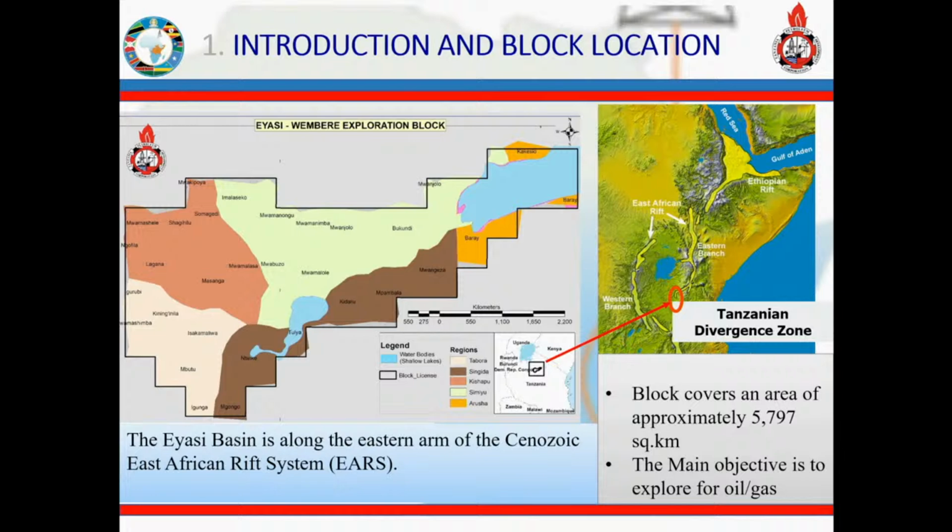It is also at the extreme end, near the Tanzania divergence zone, where the rift separates into three compartments. This falls across 5 regions in Tanzania, as displayed there.